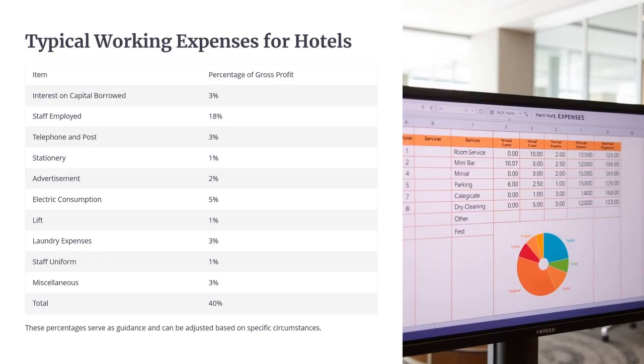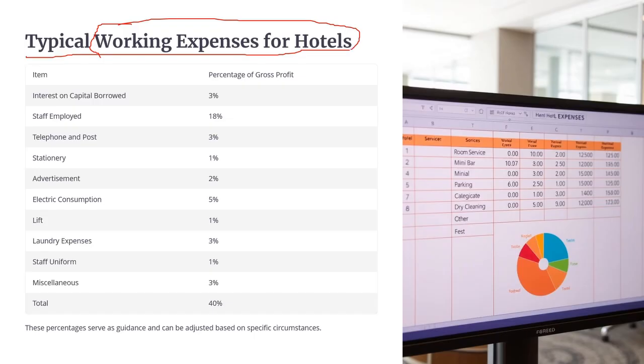So these are basically, if you are not able to calculate the working expenses from the balance sheet, the generally expected percentages for working expenses. These are not actual, these are just thumb rules which you can use for calculating the working expenses.